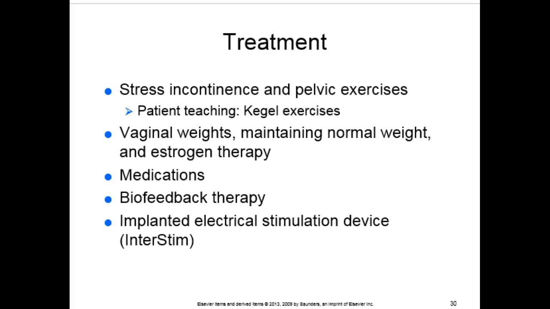Further treatments for urinary incontinence could be biofeedback therapy or an implanted electrical stimulation device called an interstim. There are also clamp-type devices that can be used across the penile urethra.